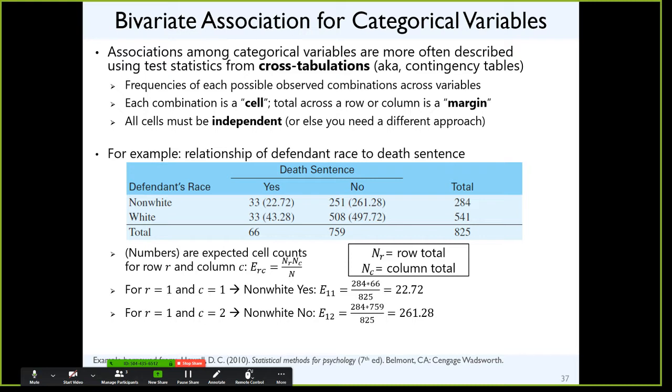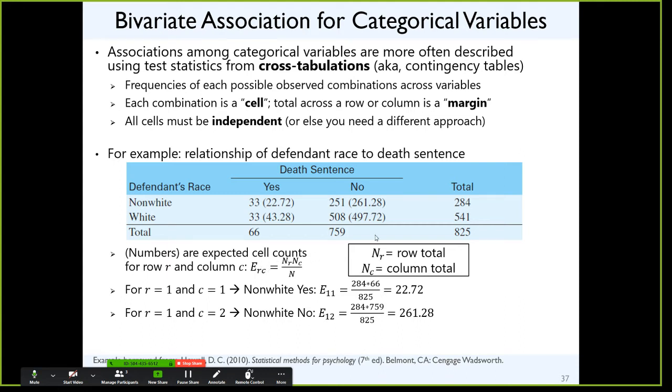It's the analog to, if there were no correlation, we expect a correlation of 0. If there were no association, what's the analog to expected here? The numbers that are in parentheses are the expected cell counts. That's the baseline if there really was no relationship here. Where those numbers came from is this formula right here.